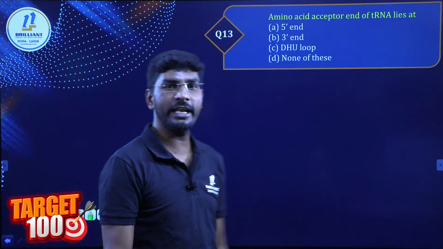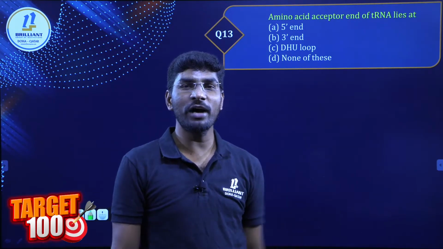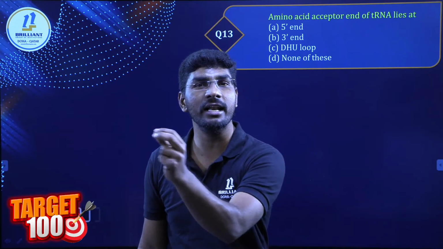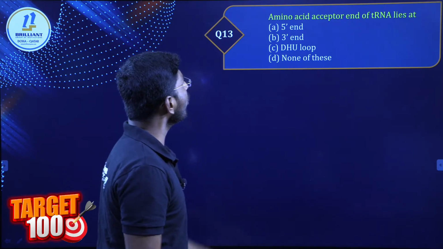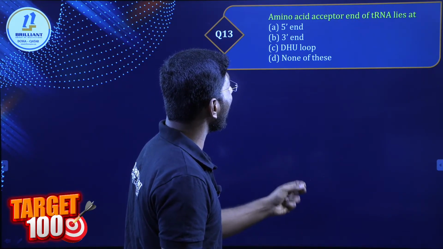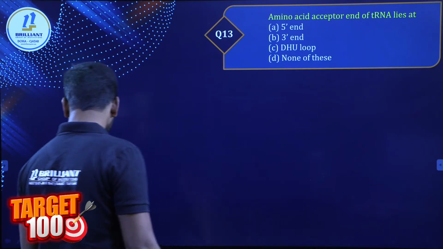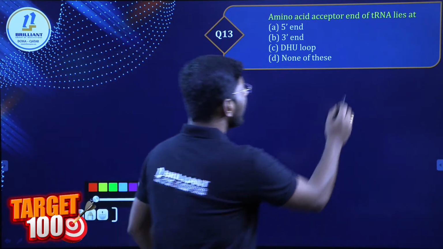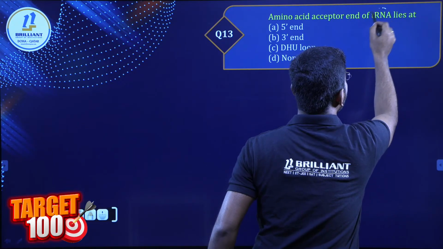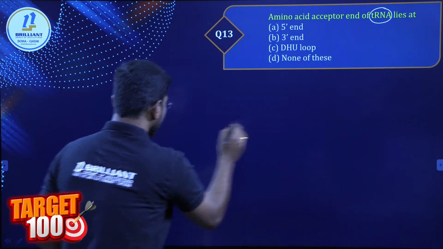Can any one of you answer this question? tRNA, transfer RNA. Amino acid acceptor end of tRNA. If you carefully read this, tRNA, transfer RNA, right? Let me take this one here.